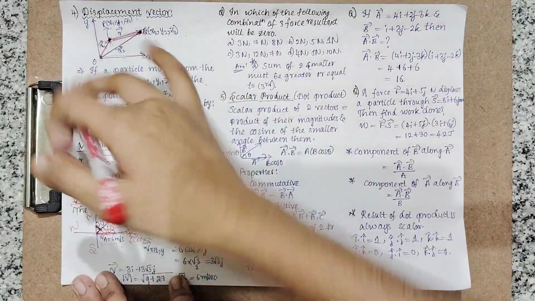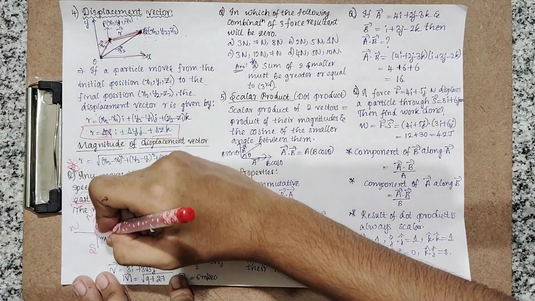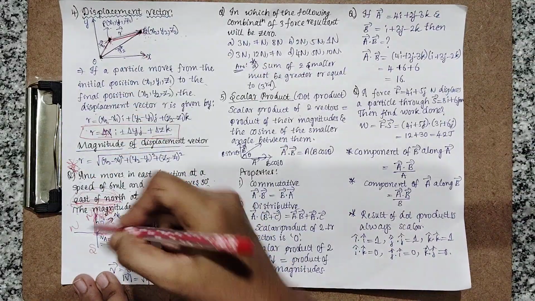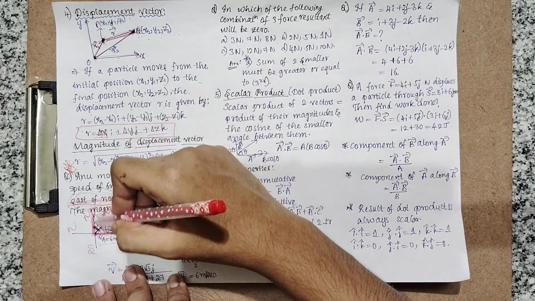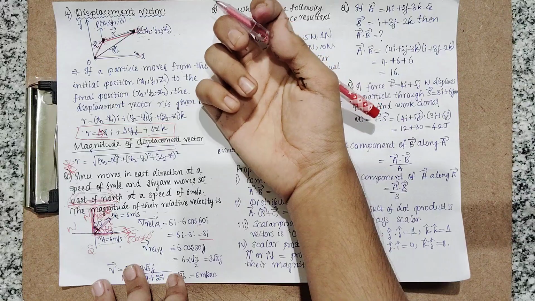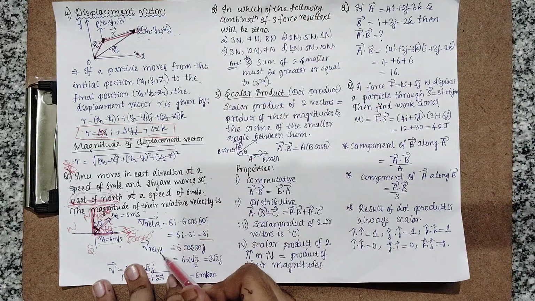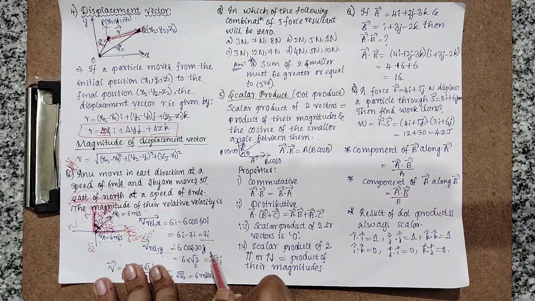And the relative velocity in y direction, you can write this either as vs cos 30 or vs sin 60. Both are same, sin 60 is equal to cos 30. So v relative in y direction is equal to 6 cos 30 j cap.